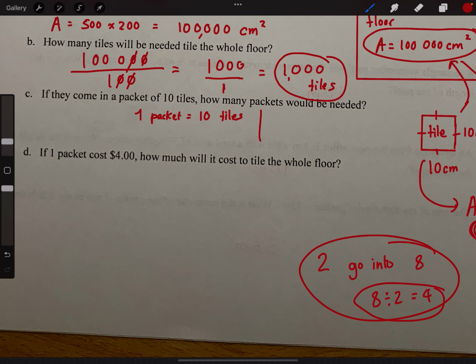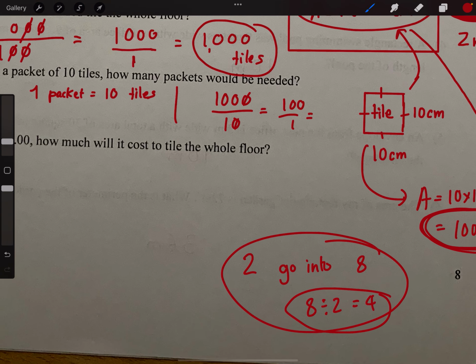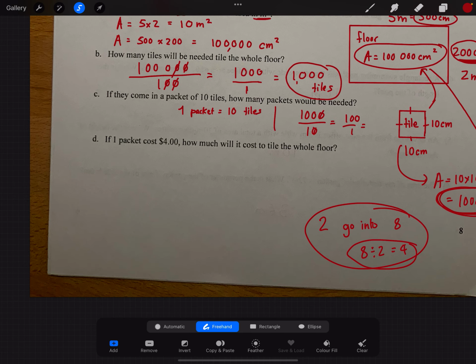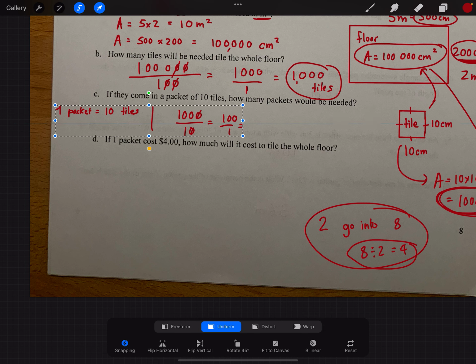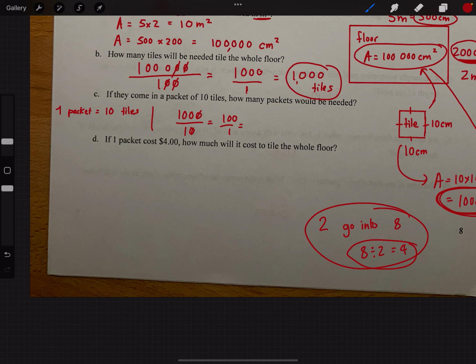So we take 1,000 and divide it by 10, just like question B. You divide to see how many packets make up 1,000 tiles. Cross the zeros, and you get 100 over 1, which is 100 packets.